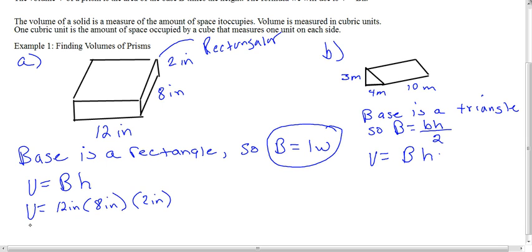Now as we keep going and multiplying for the big B, we will have 12 times 8, and that will give us 96, but watch what I do with my units, 96 inches squared, because not only am I multiplying 12 times 8, I'm also multiplying inches times inches, and as we do with all variables, that will be inches to the second power, which gives us inches squared, times our height, which is 2 inches.